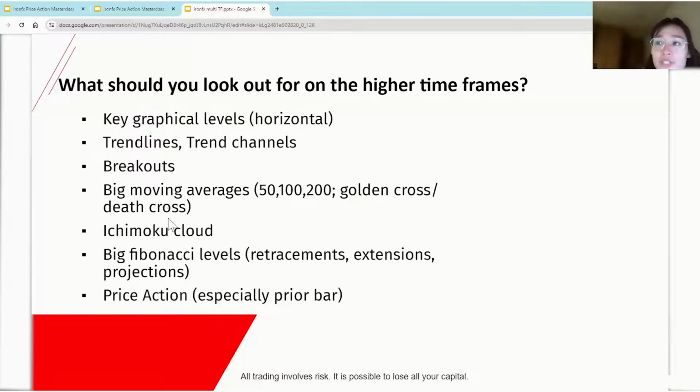These big moving averages and Ichimoku are the indicators that you would use after doing all of this technical analysis. Big Fibonacci levels, which we cover more in depth in our Fibonacci series. And lastly would be your price action, especially the prior bar. So this is what we're talking about today, what I was talking about with the candlesticks and all of that.